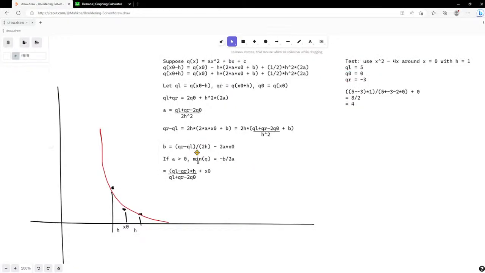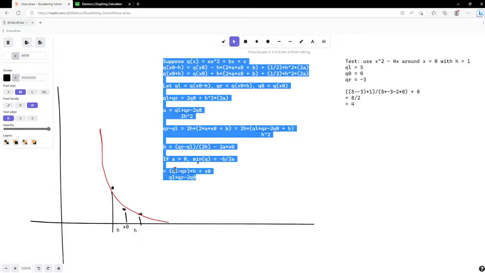But this qr minus ql over 2h minus 2ax naught. So if I take all this and I divide it, I multiply by -1, and I divide by 2a, so yeah, this x naught is fine over here. I think this expression must be wrong then over here.